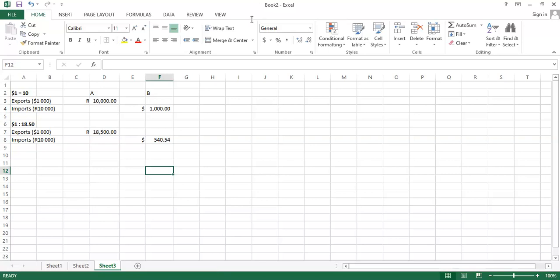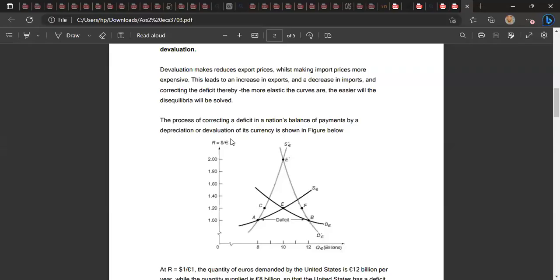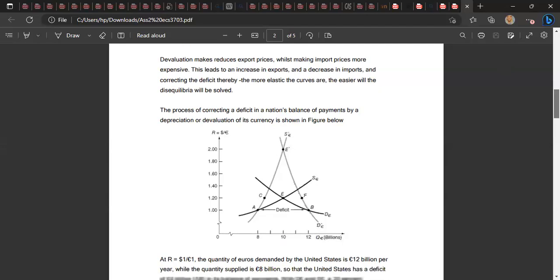Let's proceed. What our diagram is explaining is basically what we are talking about here. But let's look at it in terms of the diagram. Under this situation where there is a deficit, here you are looking at the demand and here you're looking at the supply.